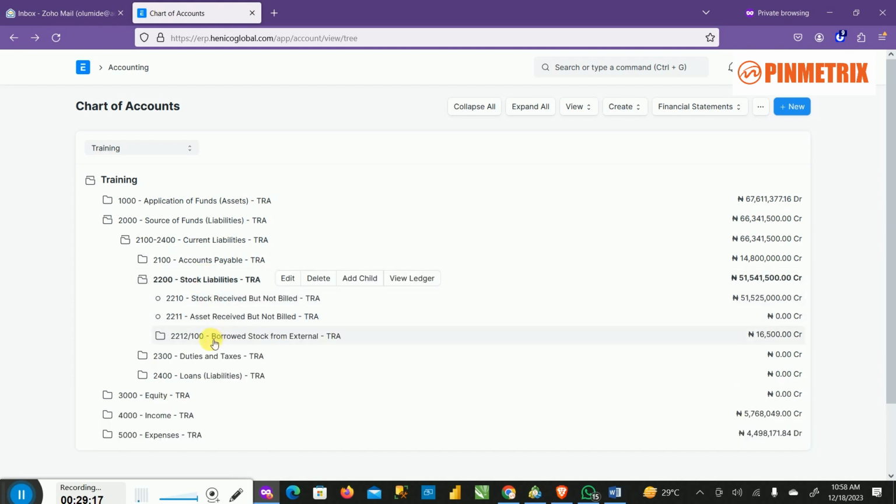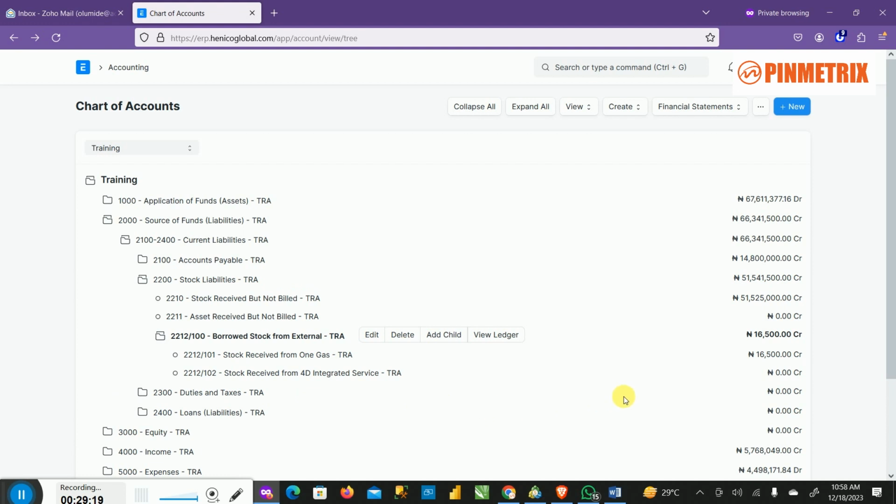Yeah, look at this now. So this is the stock received from One Gas. At a glance, if I have a balance here, I can actually know that there is a particular value in terms of ledger account that I'm owing One Gas. You understand?